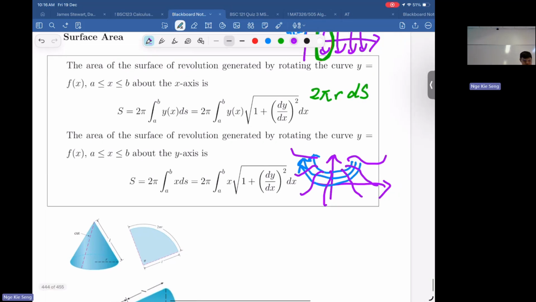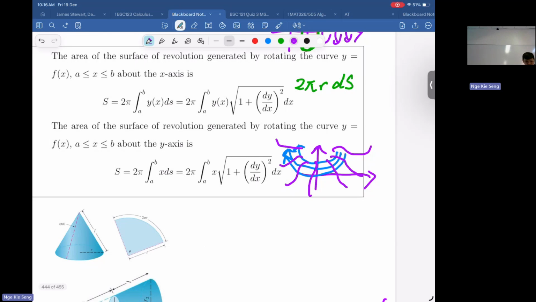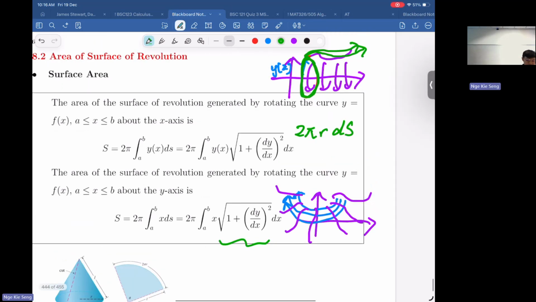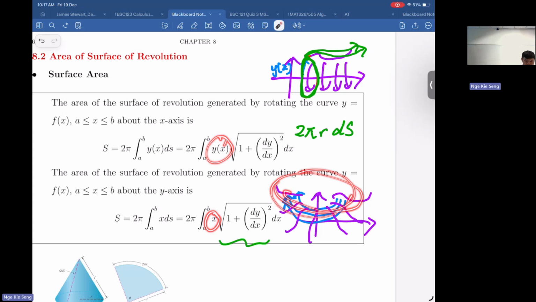Your radius here is just x because you are going from a to b only. But you can see that this radius actually is not straight. So that's why there's a dx component coming out here. So the difference here is if you revolve around the x-axis, then the height of your function f(x) becomes your radius. And if you revolve around the y-axis, then your x is just x itself. But there's some curve going on here, so you need to multiply by this contribution of dx.